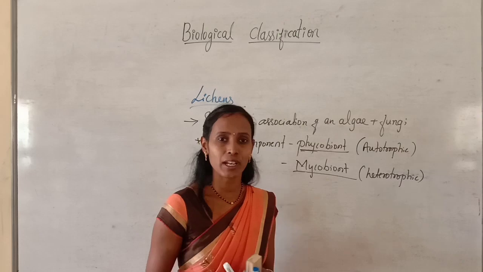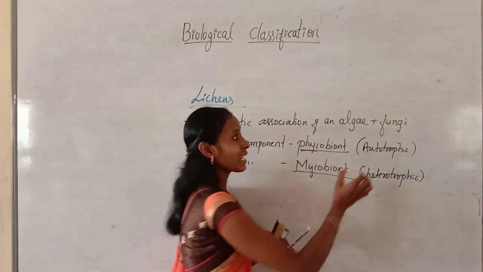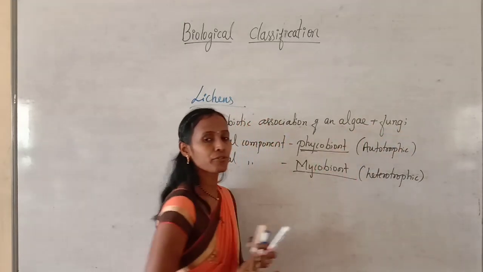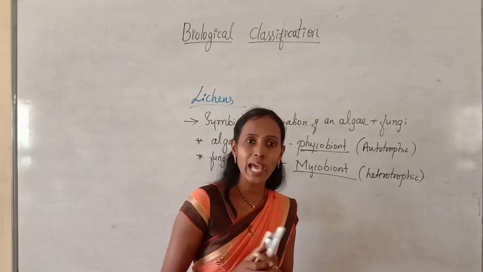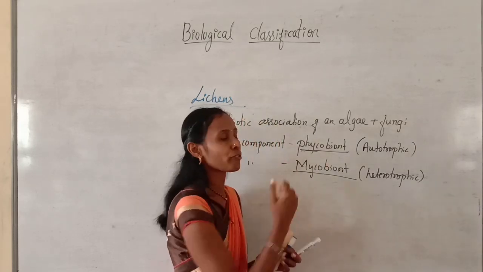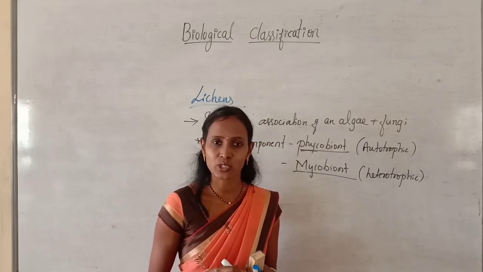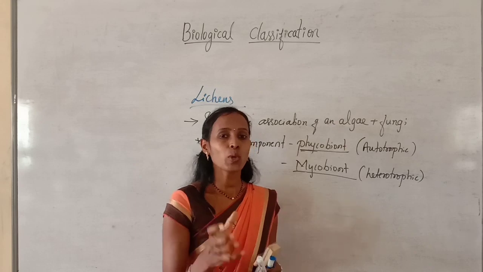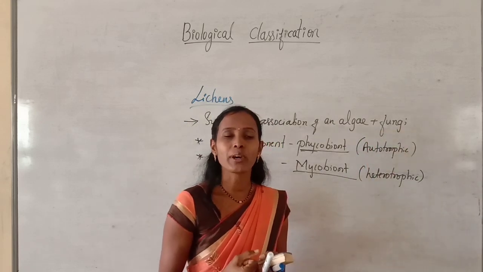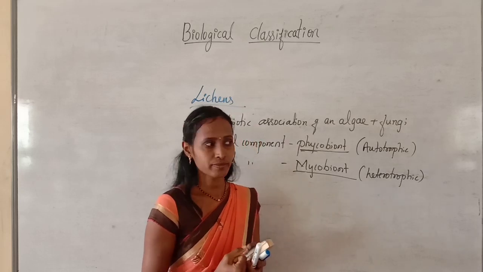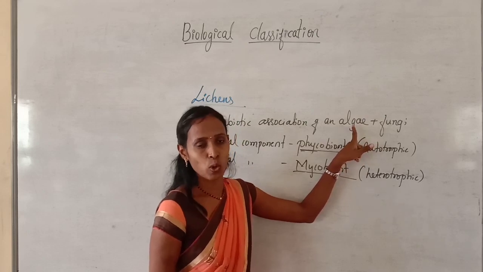Then how is fungi helping? This fungi is heterotrophic in nature, and it provides shelter for the algae. At the same time, in fungi, the entire organism is made up of thread-like structures called mycelium. With the help of mycelium, the fungi will absorb water and nutrients from the soil. Try to understand: in order to prepare the food, it requires water and nutrients.